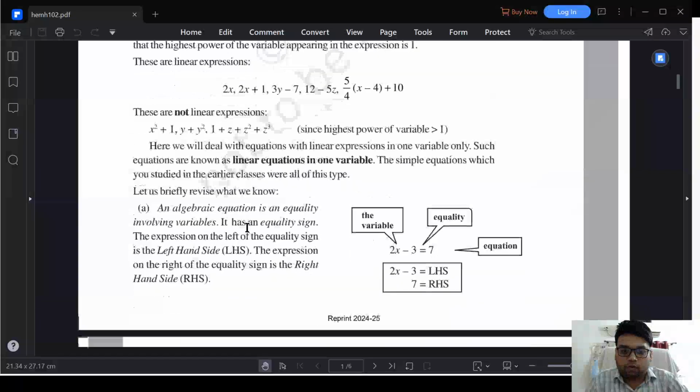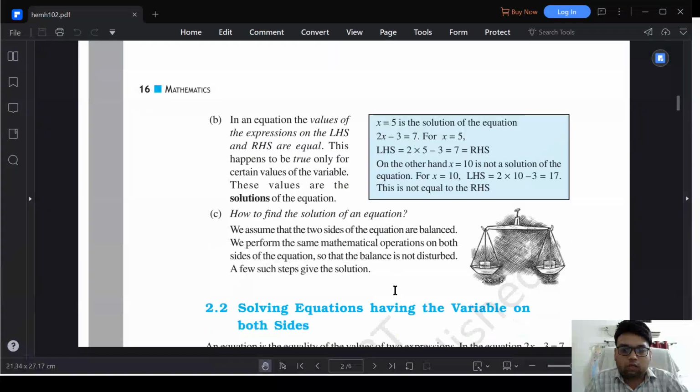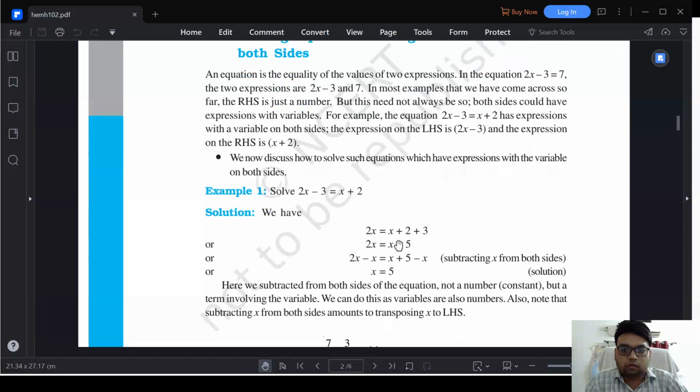Here they explain how the unknown variable and the equality sign form the equation 2x minus 3, and how a term from the left hand side goes to the right hand side by changing its sign, and then finally we get the value of x. All this was explained in theoretical format. We have to learn this by solving examples.